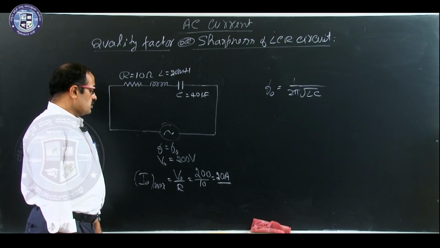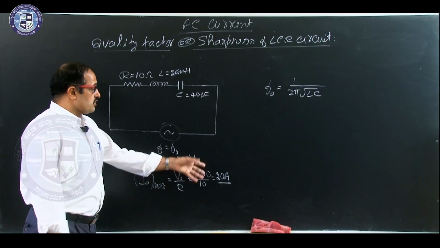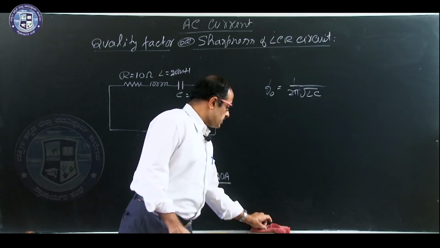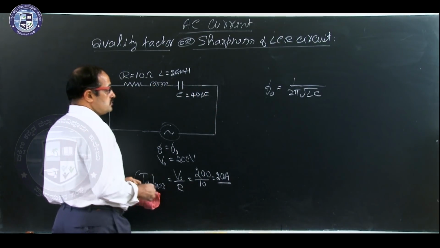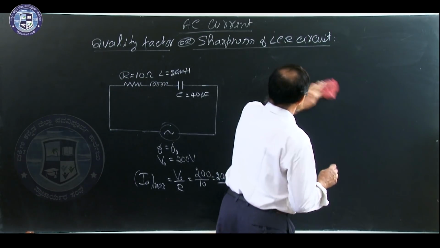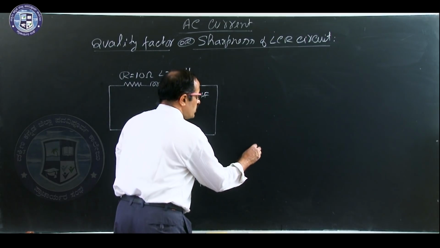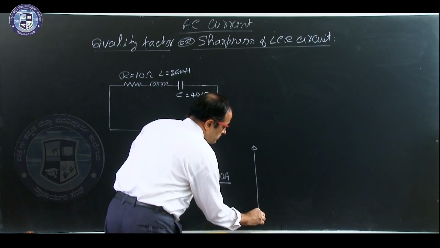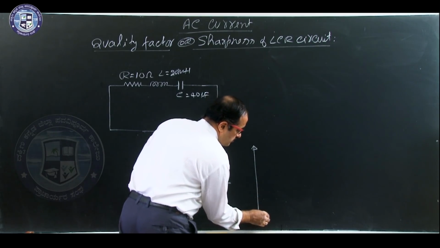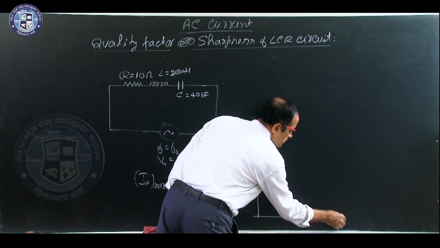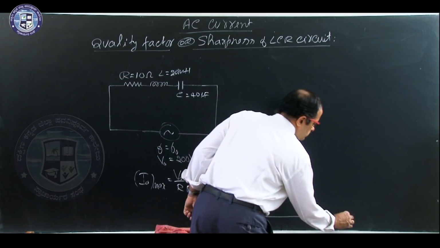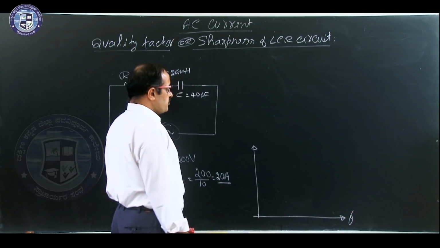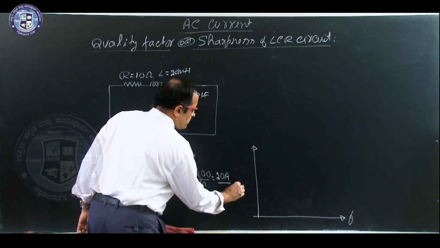Okay. Now, we plot the graph. We need to make a graph of this one. So, I want to plot the graph. Let us say it is the frequency and here it is I naught.